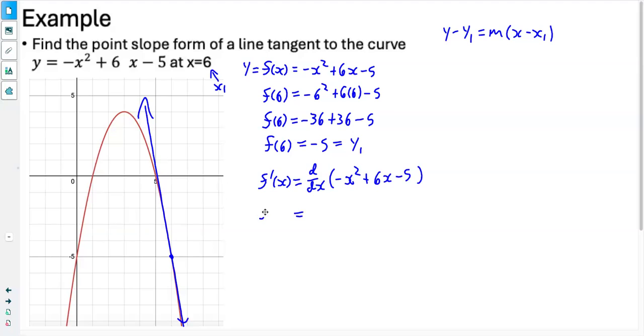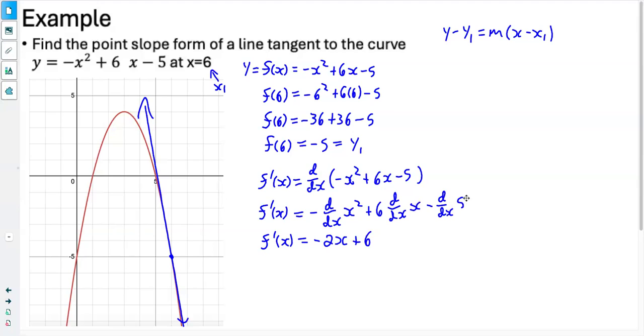Now that can be broken up into negative of our derivative of x squared, plus 6 times our derivative of x, minus our derivative of 5. Our derivative of x squared is 2x. We apply the negative in front, so negative 2x. Our derivative of x is 1, multiplied by the value in front, 6. And our derivative of a constant is 0. So this would be our equation for the slope of this line.